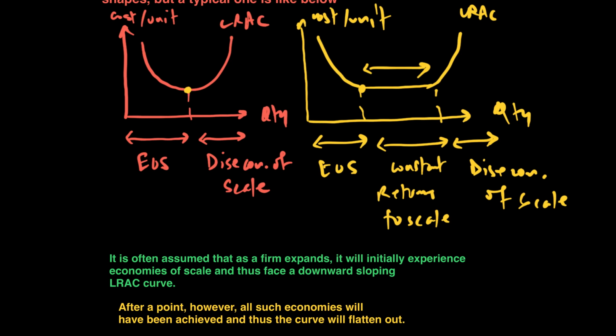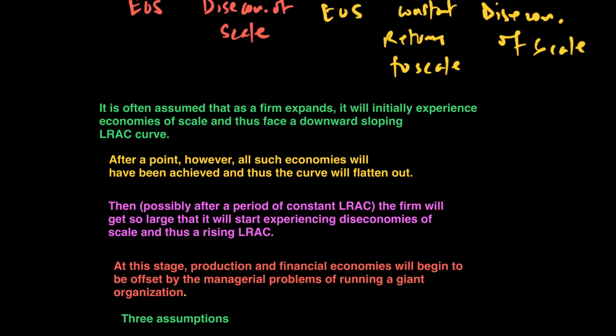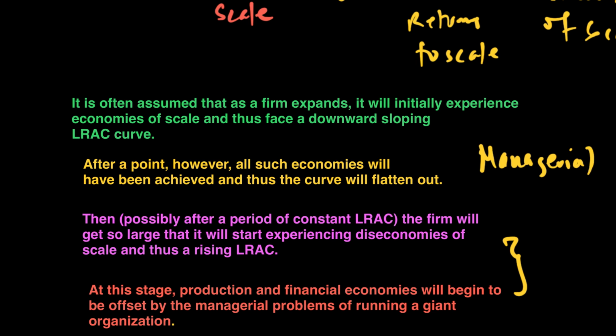And then there comes a possibility of diseconomies of scale, for which the major reason, which is the rising LRAC, is that the organization has become a giant, and the biggest reason is what we call managerial diseconomies of scale that can happen. So that's one thing which we need to understand.